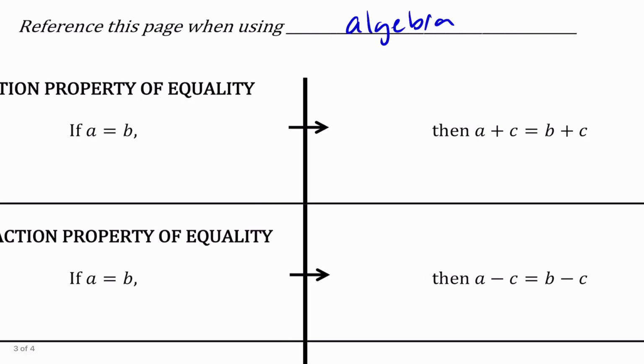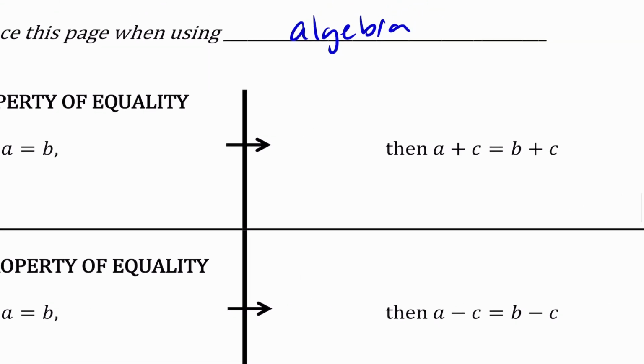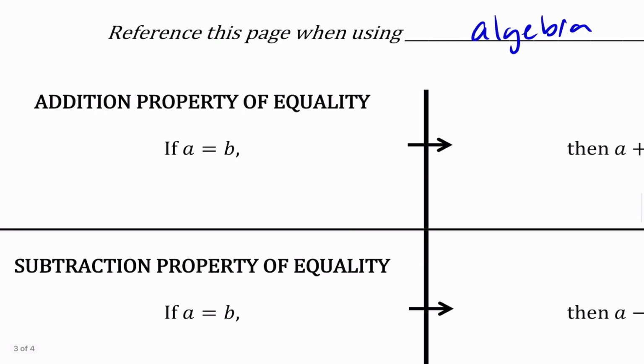This is essentially saying that, okay, you have like 2 is equal to 2, and then if I add 3 here, then I add 3 here, you need to balance the equation so that 5 is equal to 5.